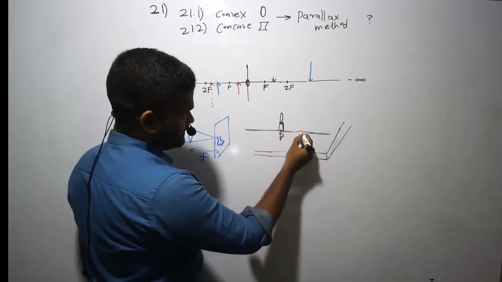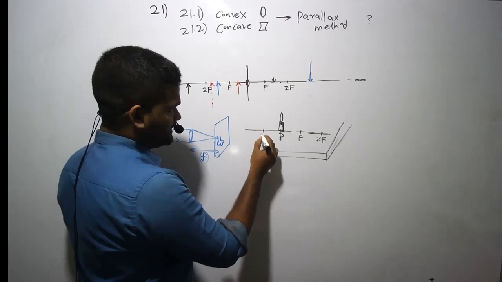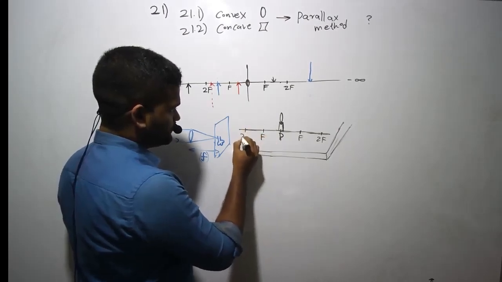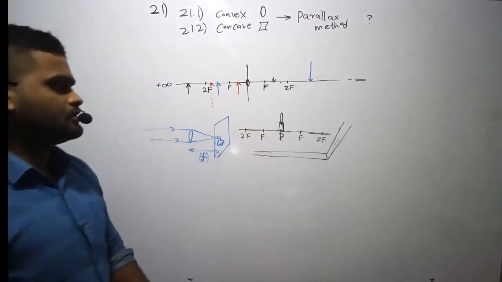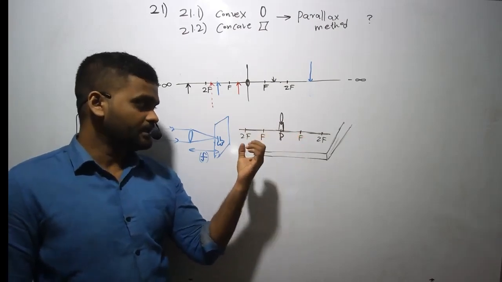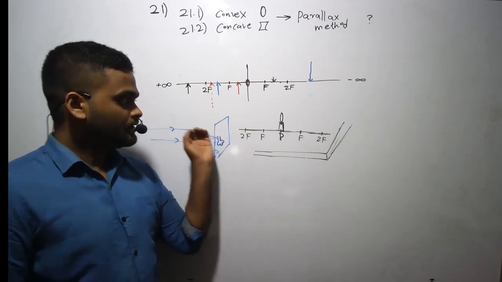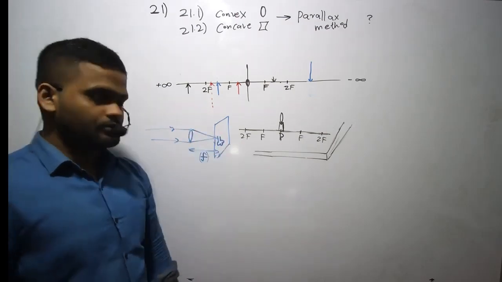This is f, and twice the distance is 2f. You mark f and 2f here as well. When you mark these positions, it is going to be helpful as we are doing the experiment.